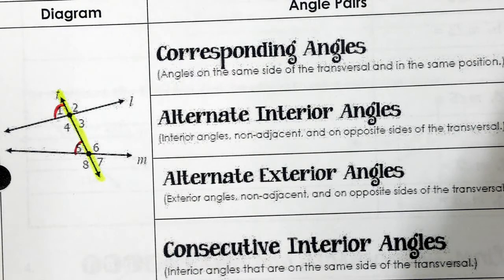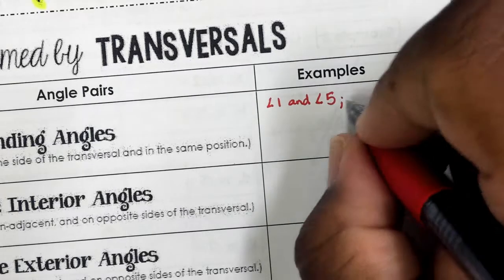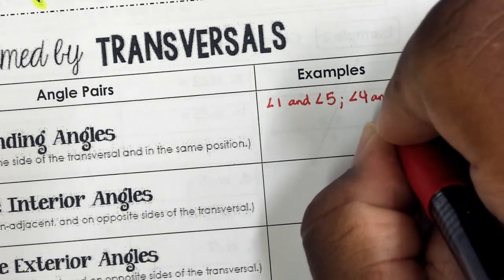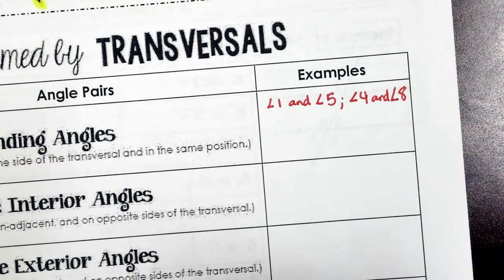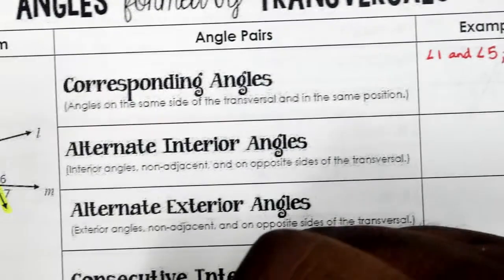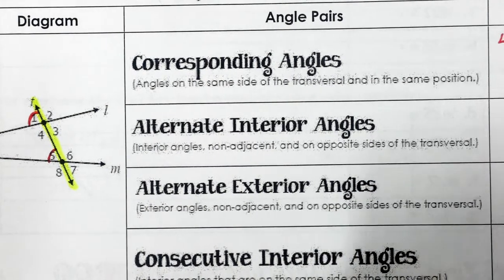After that, on that same side, angle 4 and angle 8 would be considered corresponding angles. Angle 4 and angle 8. Then angle 2 and angle 6.